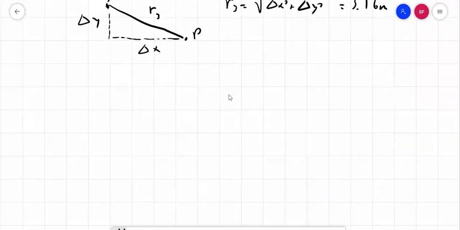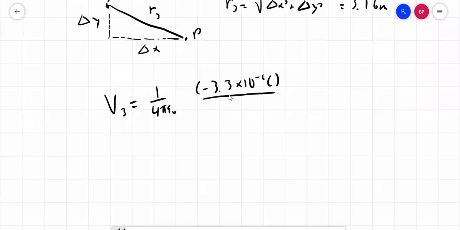All right, so if we plug that in, our voltage due to Q3 is 1 over 4 pi epsilon naught times Q3, so it's negative 3.3 times 10 to the minus 6 coulombs, divided by 3.16 meters. So this is negative 9,400 volts. Okay, so this is the voltage at our point P due to Q3.